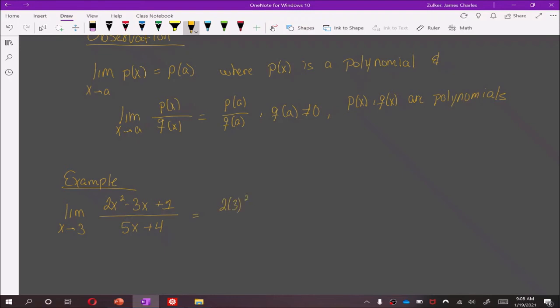We have 2 times 3 squared minus 3 times 3 plus 1 over 5 times 3 plus 4. All right, we'll have then 18 minus 9 plus 1 over 15 plus 4, which is 10 over 19. And so there's our limit.